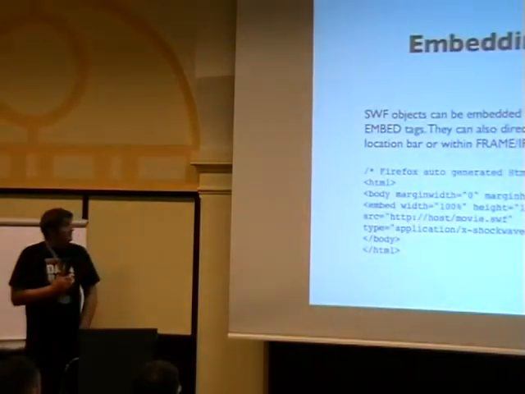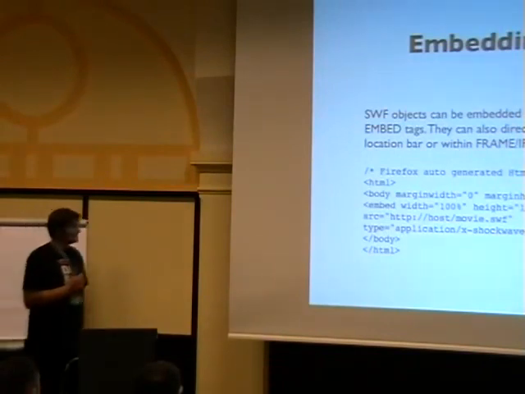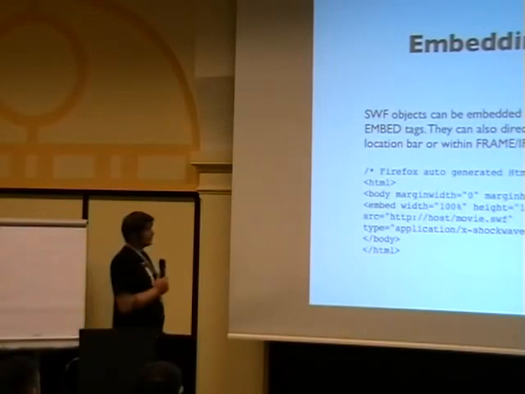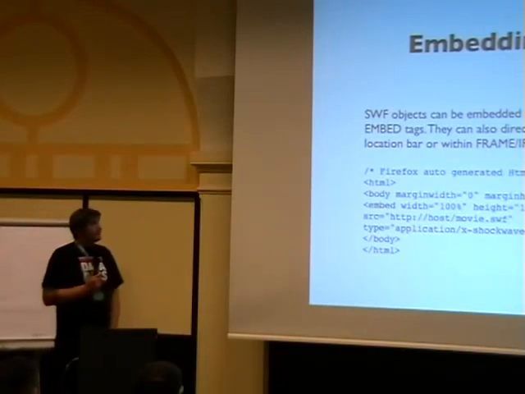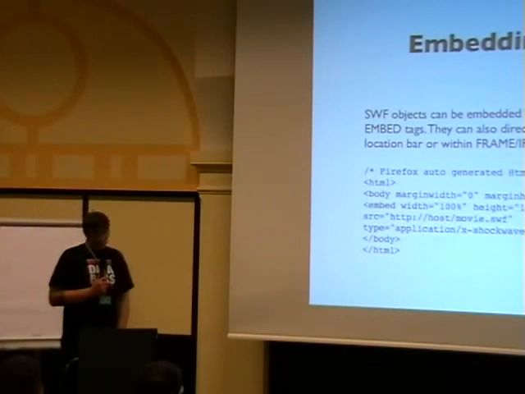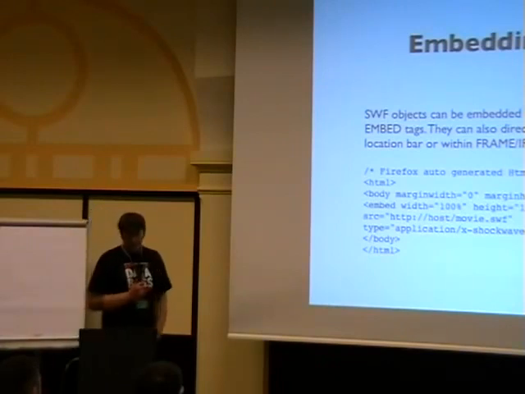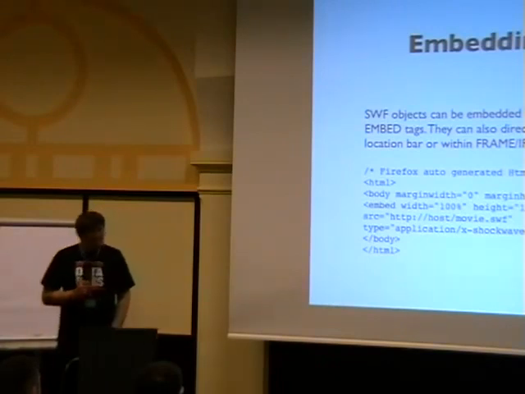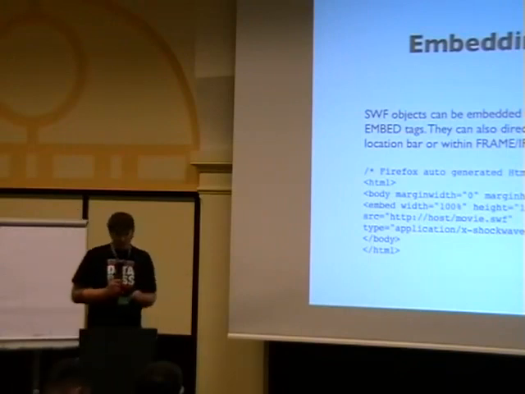The way to embed Flash is done by the embed tag or object in embed. But you can also load Flash movies directly via the browser location bar or inside an iframe. And browsers like Firefox auto-generate an HTML page around it.